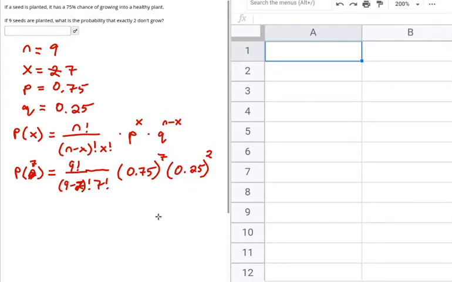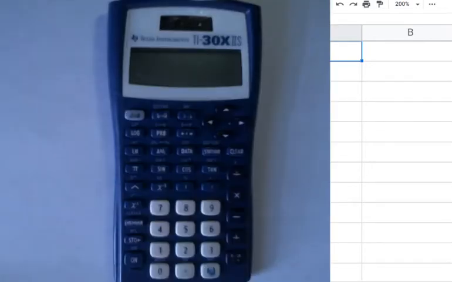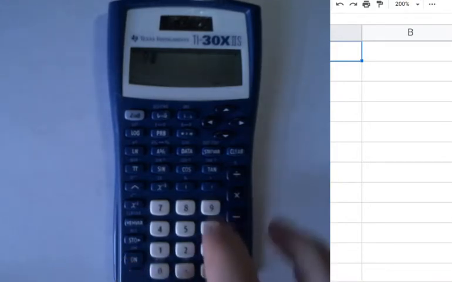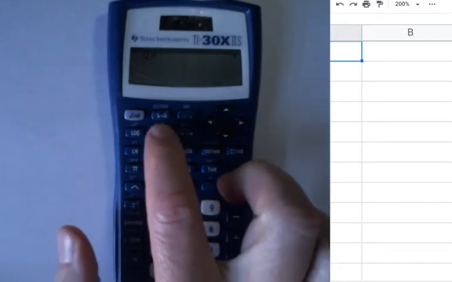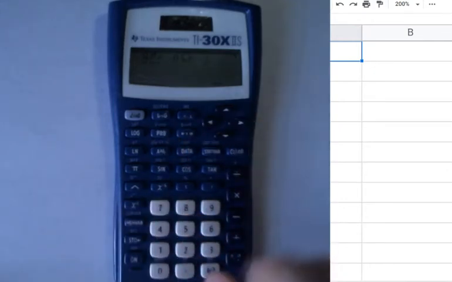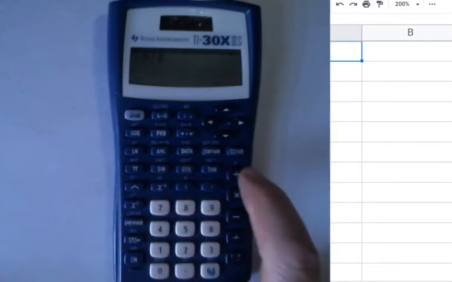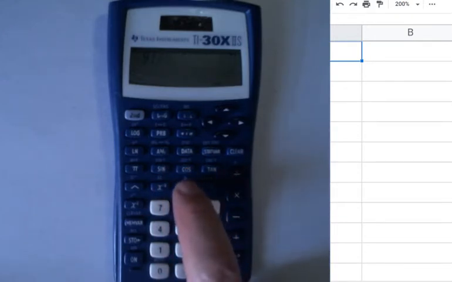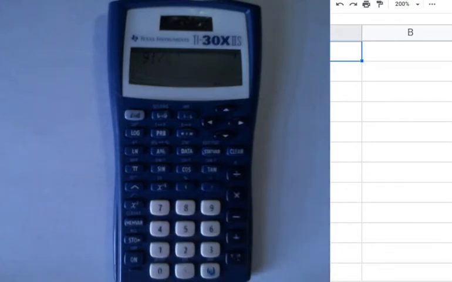Now, to plug all this into the calculator, I'm going to use my TI-30X2S. So I've got a couple different ways to plug this in. So the long way is to say 9, and then to find the factorial, I'm going to use the PRB button. That gets me 9 factorial. Now I'm going to divide by, and now I'm going to wrap the entire denominator in parentheses.